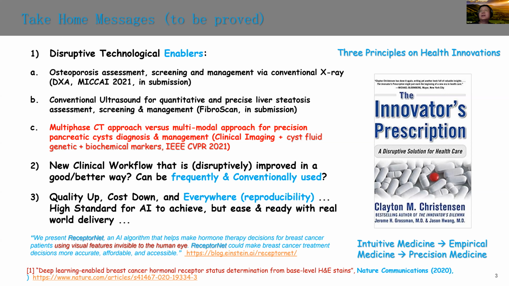Basically, our deep learning algorithm, of course, is not easy. It's a lot of work, but we can achieve quality better than FibroScan. Let's say FibroScan's published AUC score is about 0.85, and we are at an AUC of 0.95.